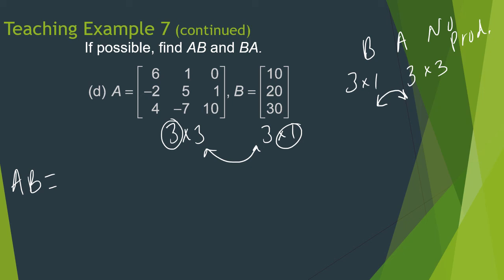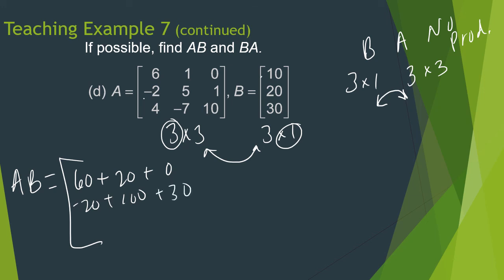So A times B would equal, and I'm going to end up with a 3 by 1. So I have 6 times 10 is 60, plus 1 times 20 is 20, plus 0 times 30 is 0. Then I have -2 times 10 is -20. 5 times 20 is 100. 1 times 30 is 30. 4 times 10 is 40. -7 times 20 is -140. 10 times 30 is 300.